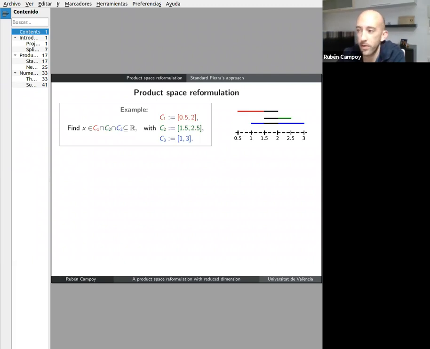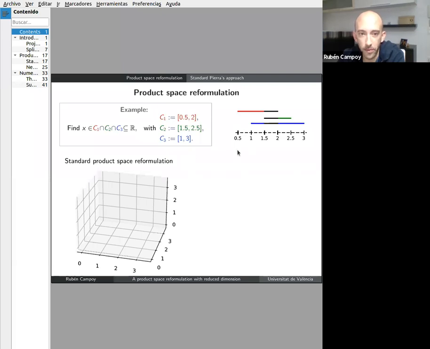And we want to use, say, Douglas-Rachford. Then we need to consider the product space reformulation, which needs three copies of the space, because we have three sets. So R^3. In each dimension, we consider one of the sets, and then we build the product of the sets. So this is our set C, C1 times C2 times C3.